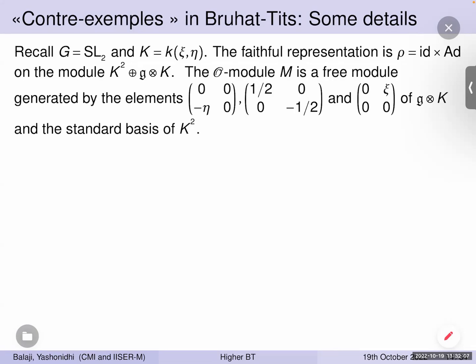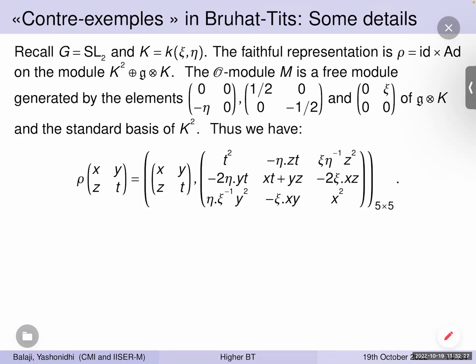The O module M is a free module generated by elements of this type, of G tensor K and the standard basis of K2. I'm just trying to carry along the notations of Bruhat-Tits.